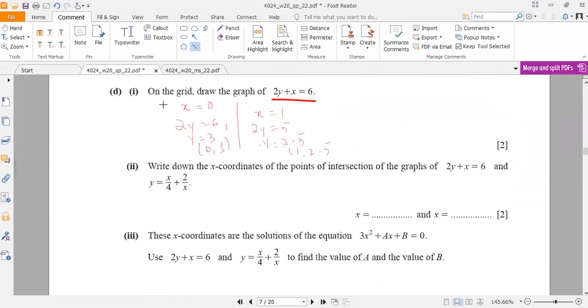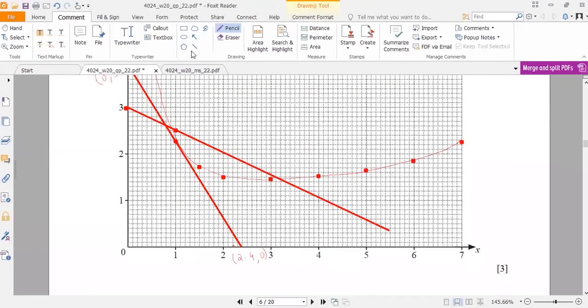Now, write down the x coordinates of the points of intersection of the graph and 2y plus x equals 6. Okay, now I'm going to find the intersection points of the curve and line. So this is the first intersection point, and its value is 0.9.